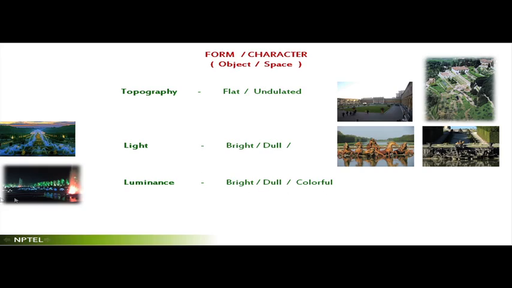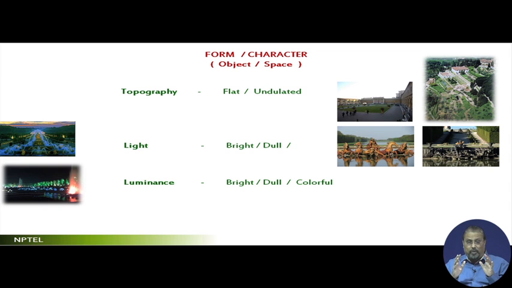At that point you find it's very, very bright, and on a cloudy day you say it is dull. And when you look at those pictures that I've just now shown, it is basically the luminance that it is reflecting towards you. It's not the object that is being lighted. It is the luminance that is reflecting in your eye. That will be basically with respect to that particular light or the luminance.